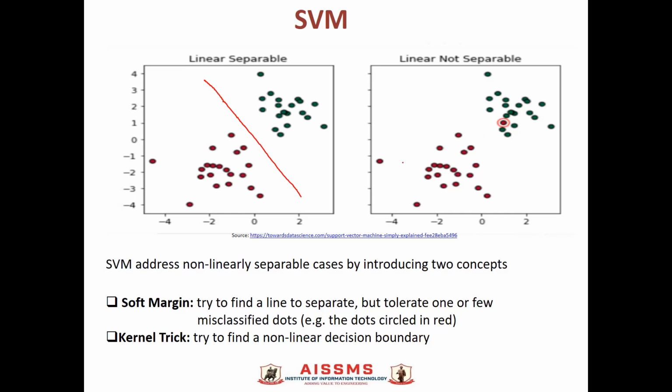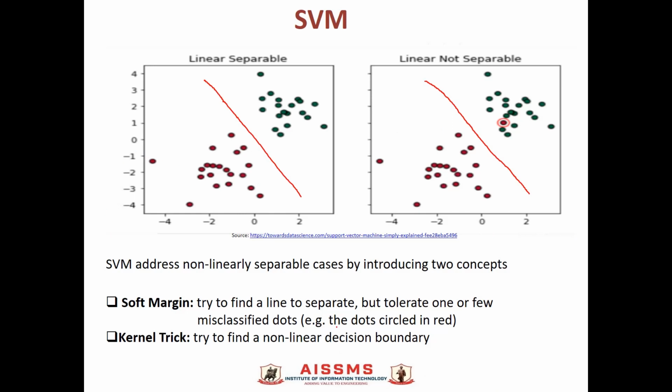So for such a case we can use the soft margin. By using the soft margin method, we can tolerate one or a few misclassified dots. If we put such a soft margin between these two classes, then we are tolerating a few data points being misclassified. That is the soft margin method.